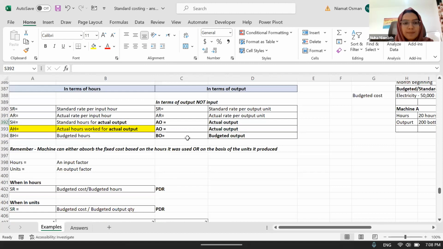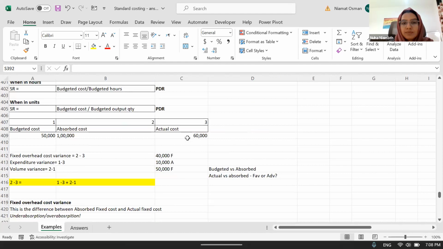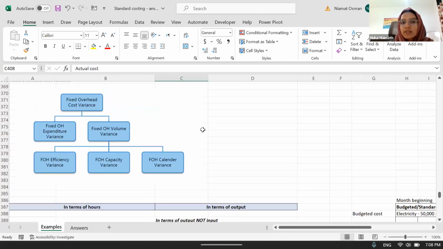Didn't I tell you between absorbed and actual will be our fixed overhead cost variance?